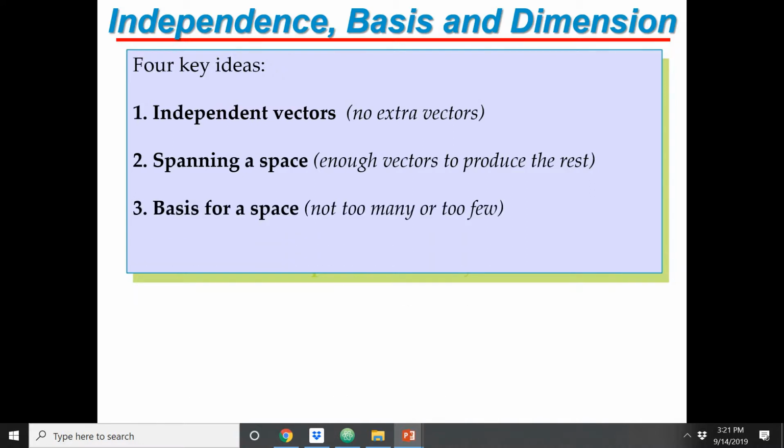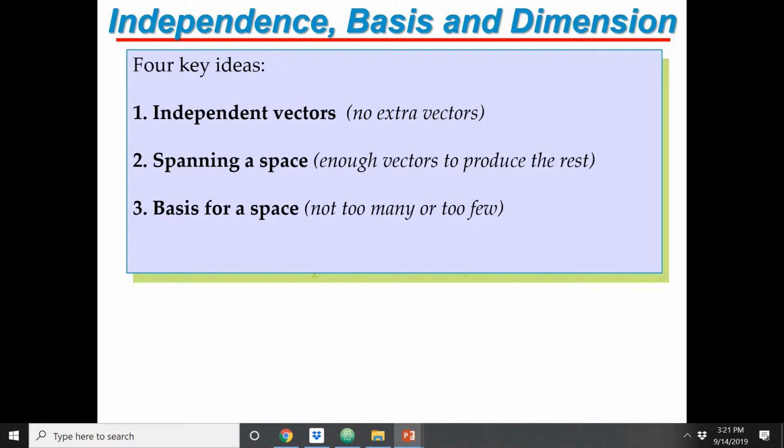So a basis for a space has just the right number of independent vectors. There are not 50 for the space R4, and not 3 for R4. There's just 4, which is just the right number to be able to generate any other vector in R4.